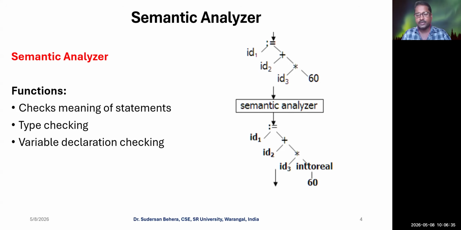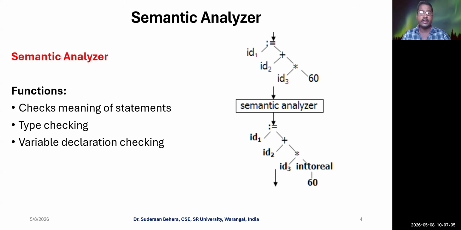So as we already assumed that position is a floating point variable, it must hold floating point. Initial is also a floating point variable, rate is also a floating point variable, but the only constant given here, 60, is an integer constant, so it cannot be multiplied directly with the real number.